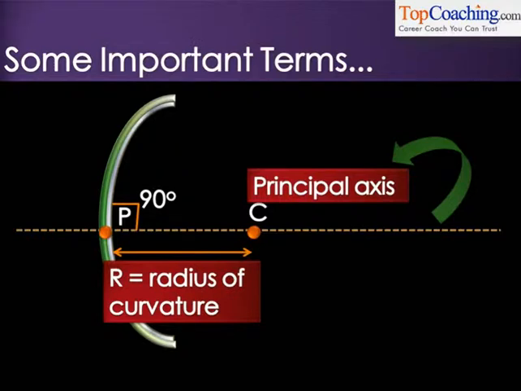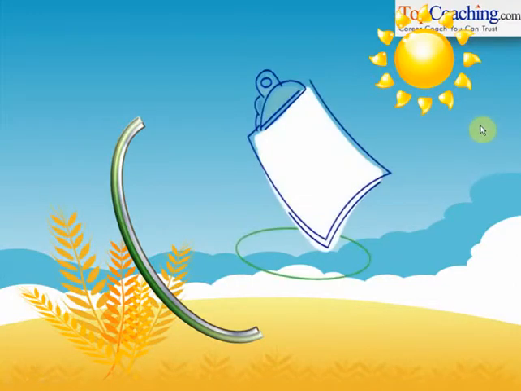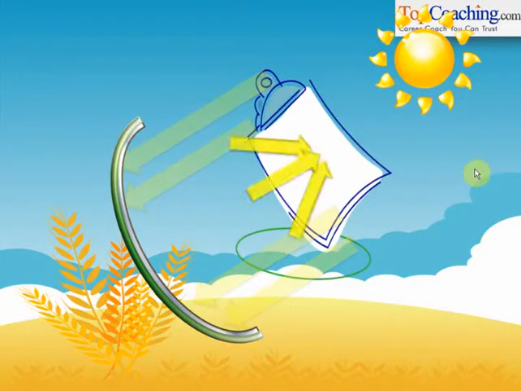But to define this point, let's conduct an experiment. Let's take a concave mirror, this concave mirror, and place it in the sun. Now, let us place a piece of paper in front of this concave mirror. Now, you will notice that when you place a paper in front of a concave mirror placed in the sun and you adjust the paper, bring the paper forward, you take it backwards, you adjust it, at a certain point, the paper starts becoming hot.